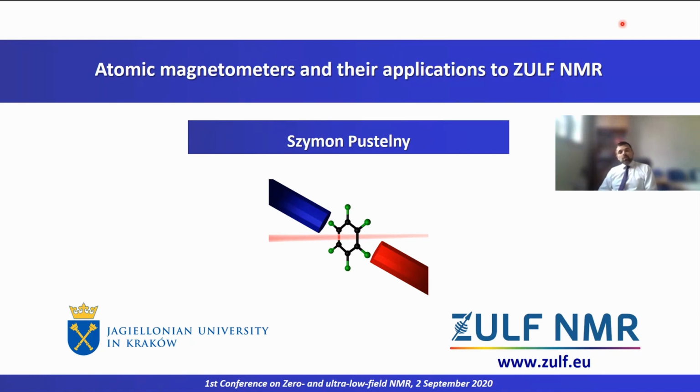But what I'm going to talk to you about is nonlinear optics, in particular atomic magnetometry, which is a subject that brought me to the ZULF NMR field. When we first thought about it a decade back, it was a brand new field.